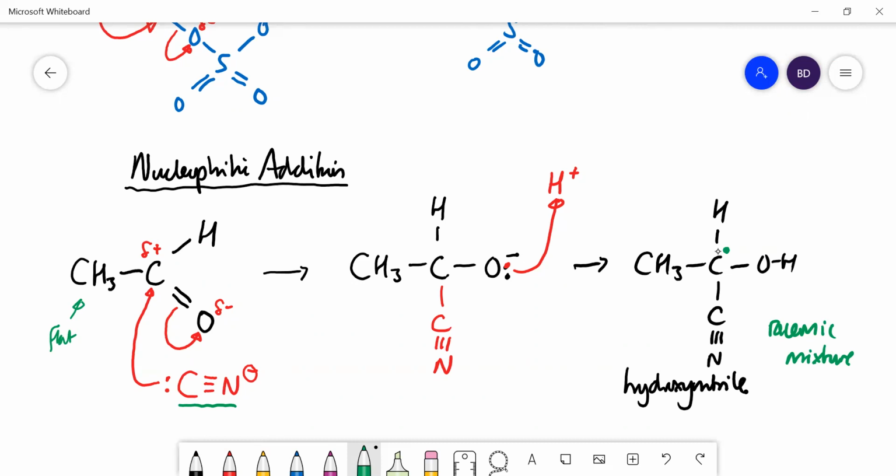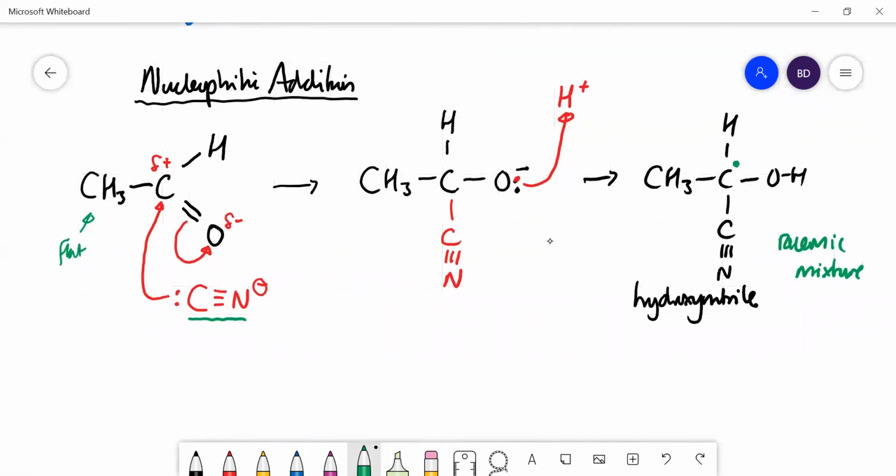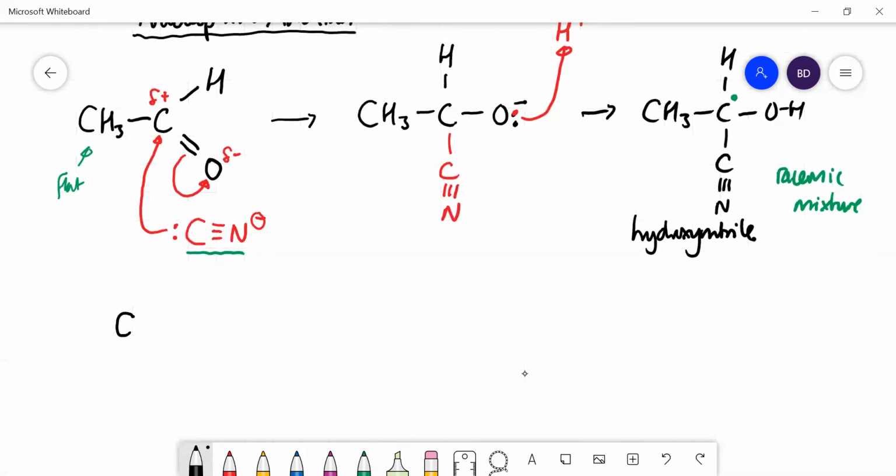Okay. Now with the hydride ion, it is exactly the same. It's more simple there, and I won't draw the whole mechanism, but the hydride ion attacks that. I should draw it the same way around as I drew it before. Hydride ion, so it's a hydrogen with an extra electron, and that is from sodium borohydride.